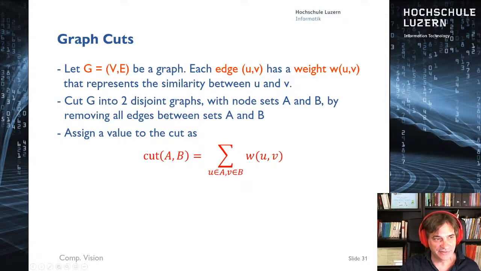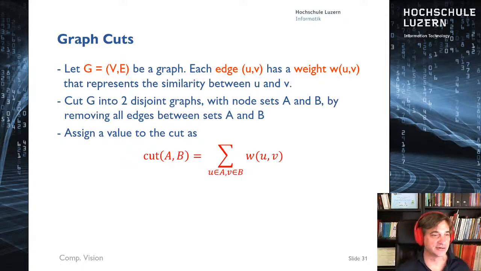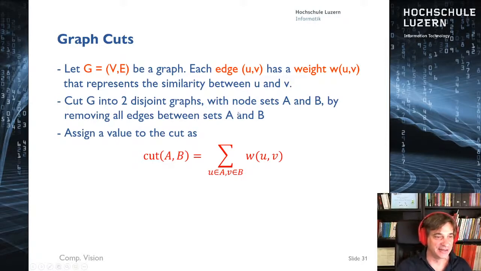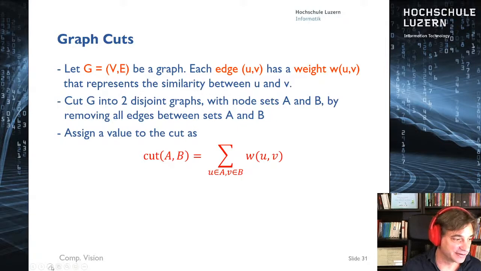And now what we want to do is cut G into two graphs, which must be disjoint. What does it mean? There can be no edge that goes from a node in graph A to a node in the other graph B. So we effectively remove all edges between A and B here.